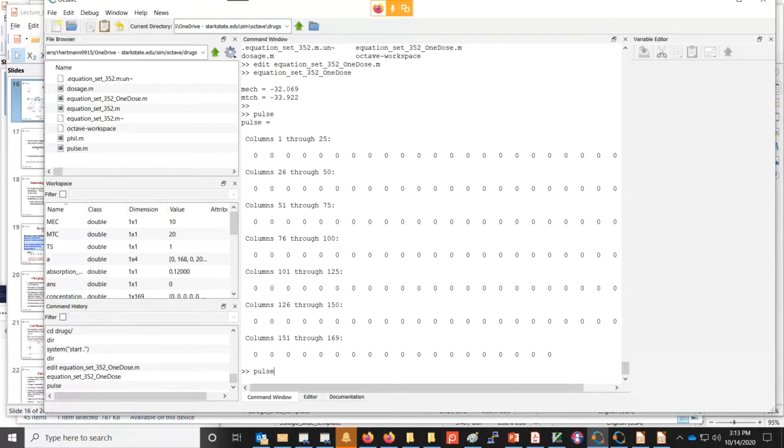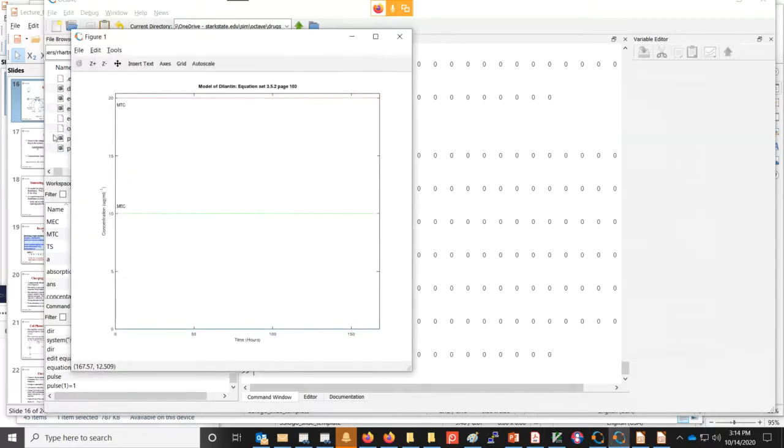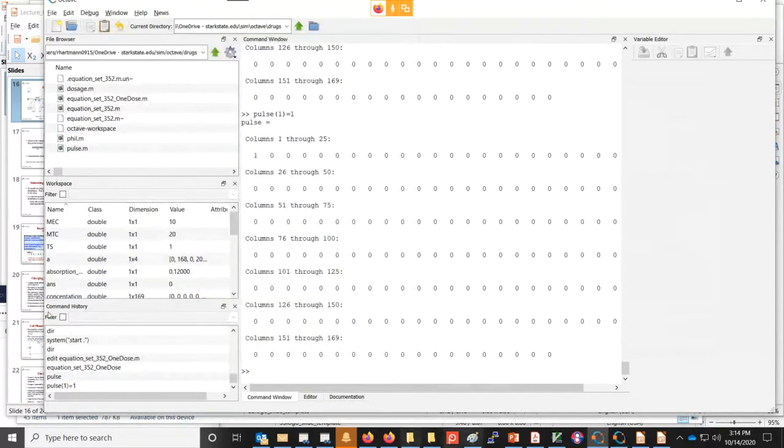I'm going to say I'm going to take one drug. So if I just do pulse 1 is equal to 1, then that says that my pulse, what I'm calling a pulse here is the taking of the drug, is a 1. Now, what we have to do is multiply that times the size of the dosage.